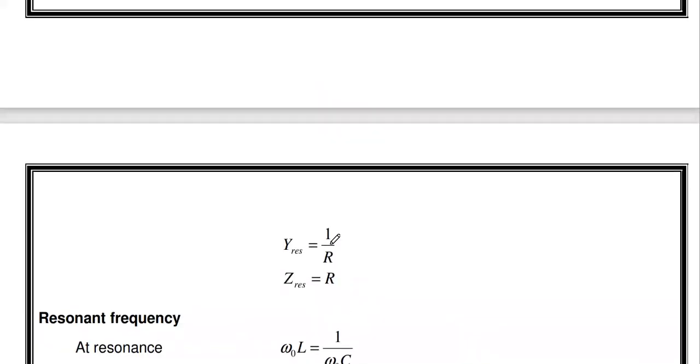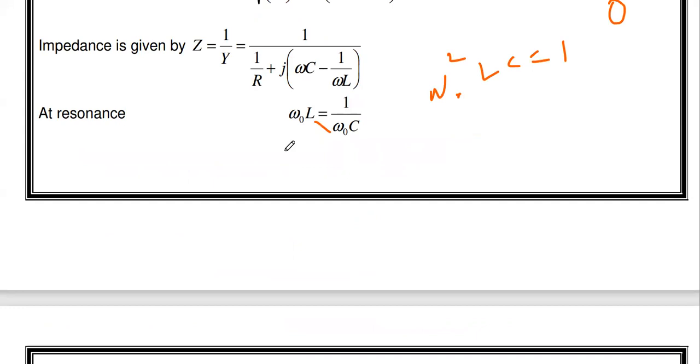And next, if you want to derive the impedance at resonance, you know the condition is omega naught L equal to 1 by omega naught C. Already you know that at resonance, the reactance of inductor is equal to the reactance of capacitor.